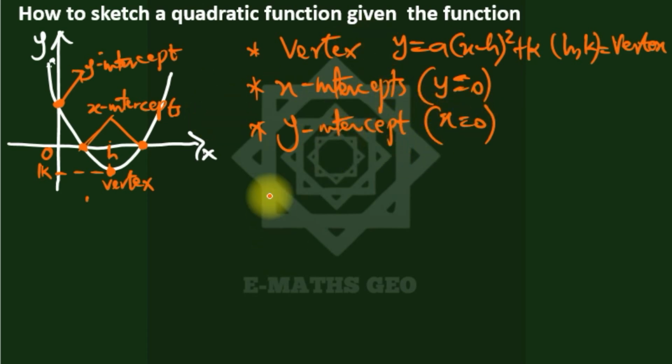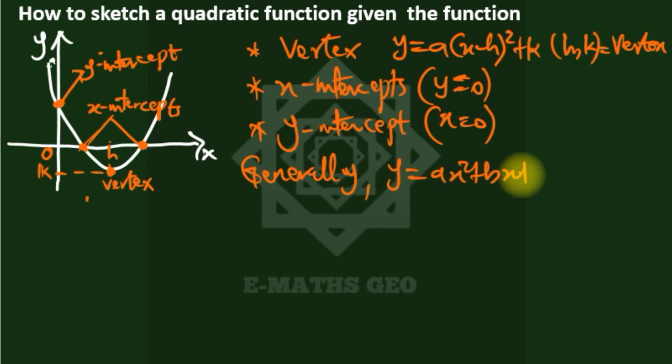And again, generally, a quadratic function is given as y equal to ax squared plus bx plus c. So c is always the y-intercept, because if you substitute x equal to 0, we are left with c.